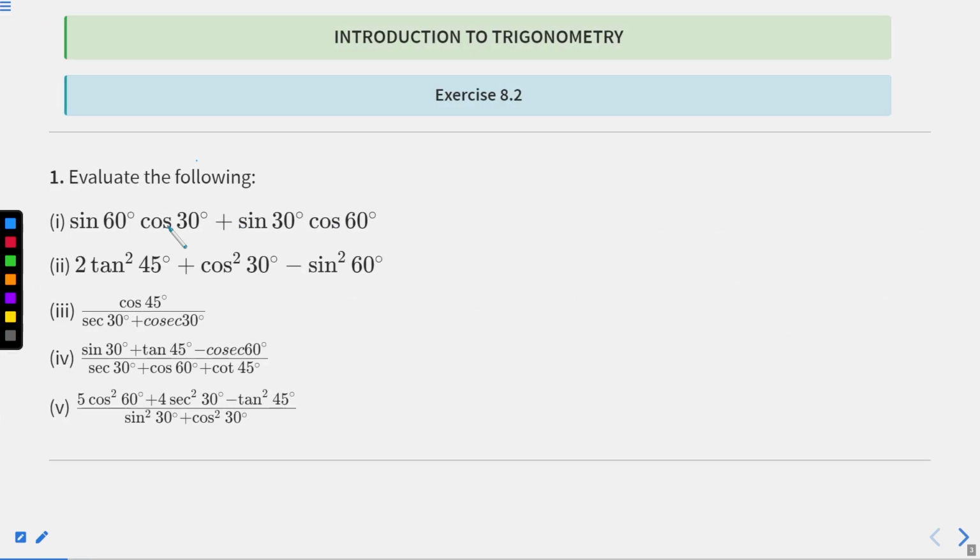Now let us see the next one. Here we have 2 tan square 45 degree plus cos square 30 degree minus sine square 60 degree.